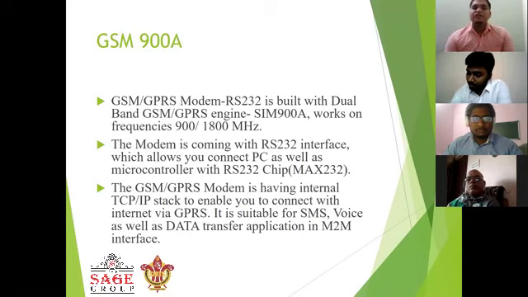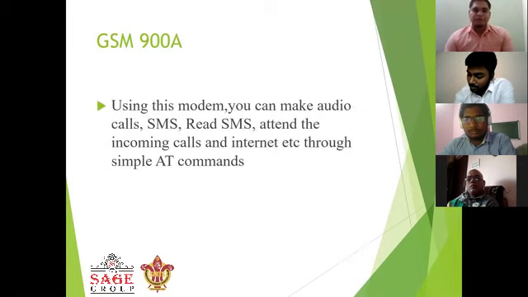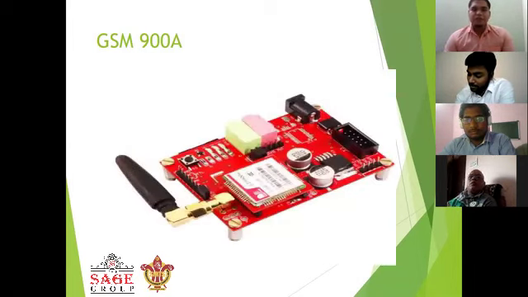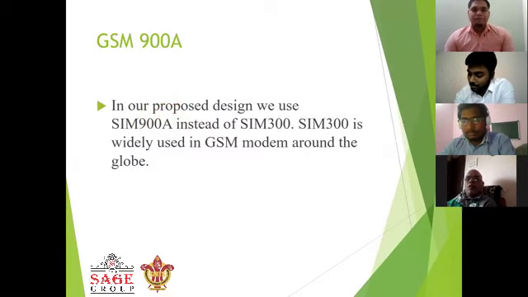So we are using a Wi-Fi module for sending the data to the cloud, because GPRS is very slow in internet connectivity, and we have to use a high-speed internet connection. And mainly we are using the GSM module for sending SMS. This is the sample photo of GSM 900A. It has 12 terminals, which are described on the slide.